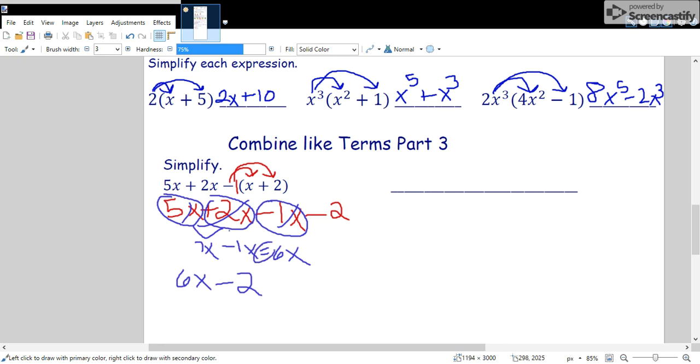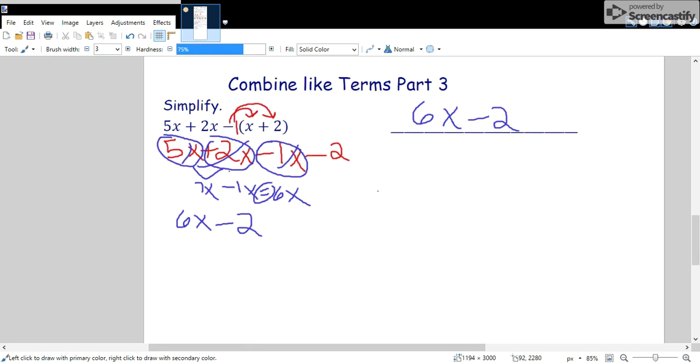And notice, even though I drew an equal sign, that is just showing that this is equivalent to this. It does not mean that we're solving an equation or anything all of a sudden. 6x minus 2, there's nothing else to simplify, so that's it. All the like terms have been combined. Try the rest of these on your own.